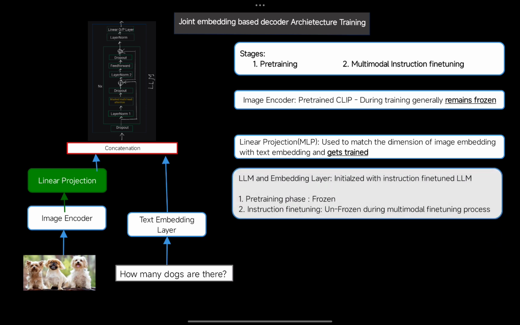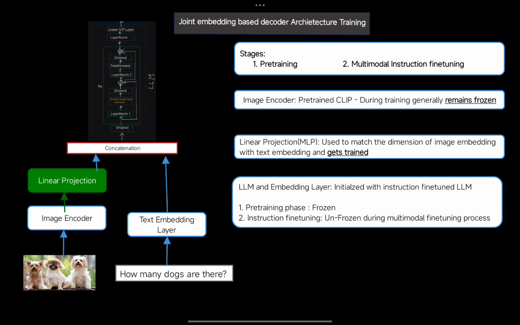So once that is done, then we will have also the LLM and embedding layer, so that are initialized with pre-trained instruction fine-tuned LLM, and during the pre-training phase, this embedding model and the LLM remains frozen, and during the multimodal instruction fine-tuning phase, this gets unfrozen, and we use the fine tuning of the weights of the LLM and the embedding layer to fine tune the model according to the instruction fine tuning process, right?